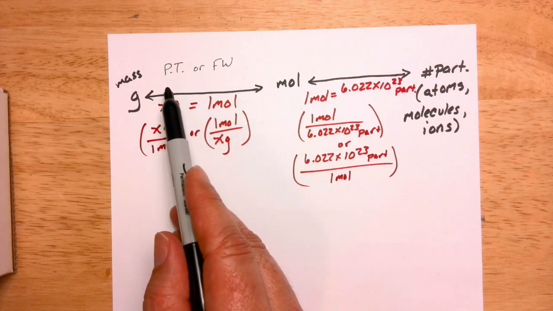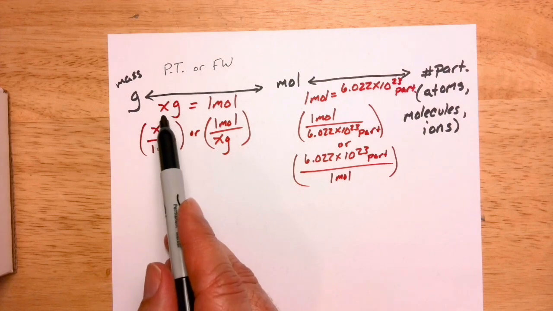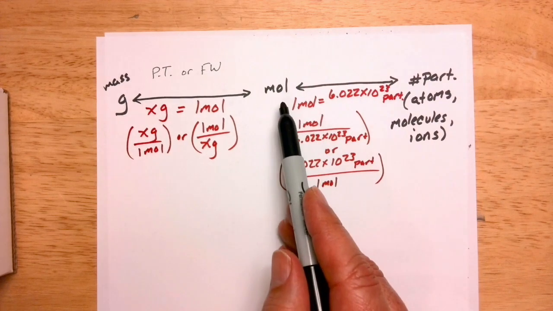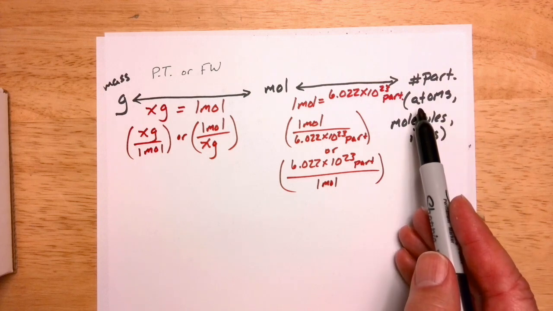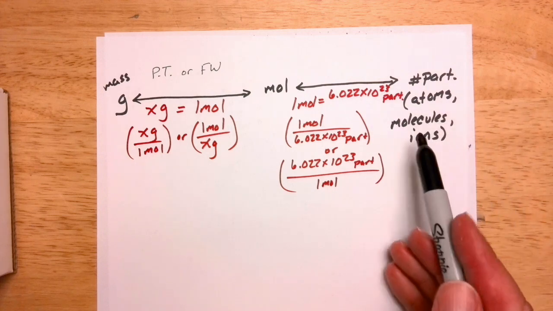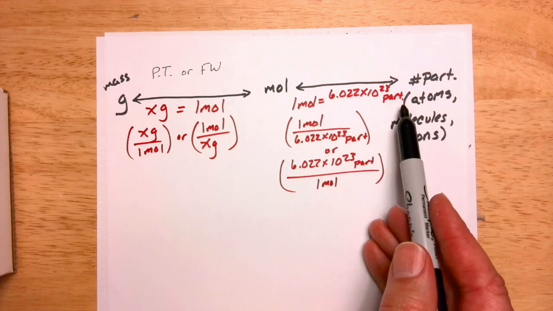The periodic table, or the formula weight, is what's going to be used to determine what this X value is. And then moles and number of particles, which could be atoms, molecules, ions, anything here. And 1 mole is equal to 6.022 times 10 to the 23rd particles.